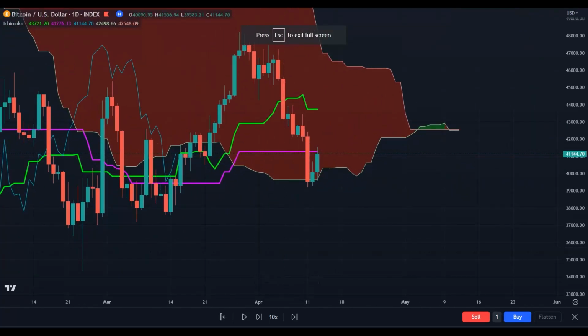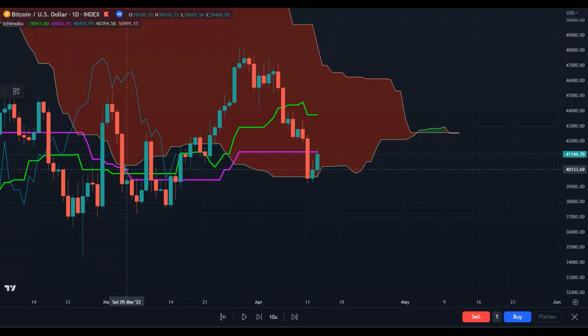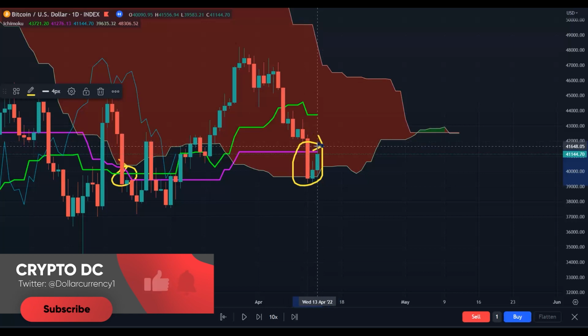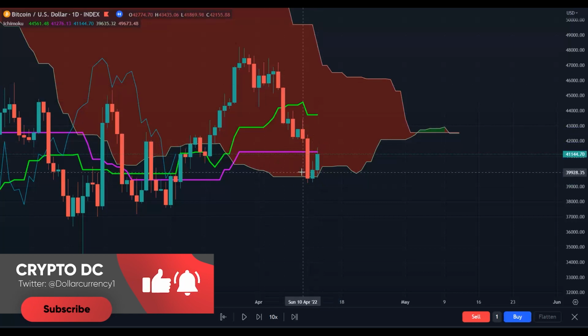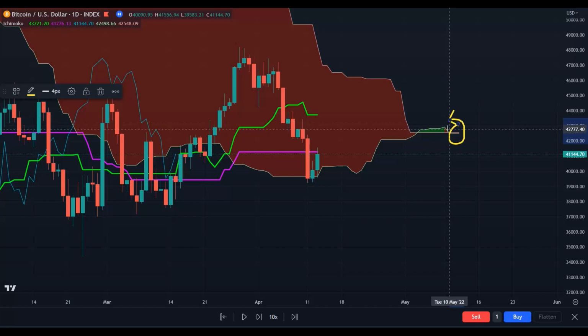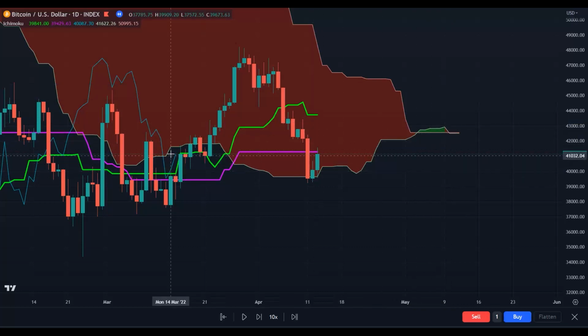Okay. So here, as you can see, we had a bullish cross between Tenkan-sen and Kijun-sen. The price is at the bottom of the Kumo cloud. So basically the price is inside the Kumo cloud, which is neutral. The future Kumo cloud is bearish, and the Chikou span is struggling inside the price.